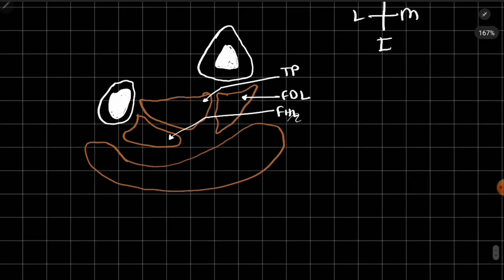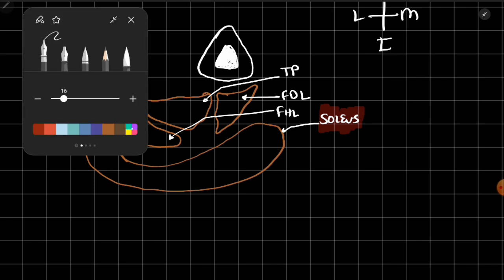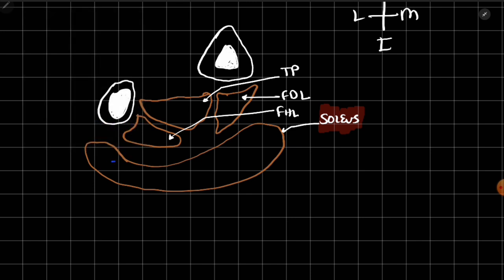It is the soleus, and there is pretty much importance of soleus. So you have to draw these venules in soleus. Some venules like this. So why is soleus important? Soleus is also known as the peripheral heart.